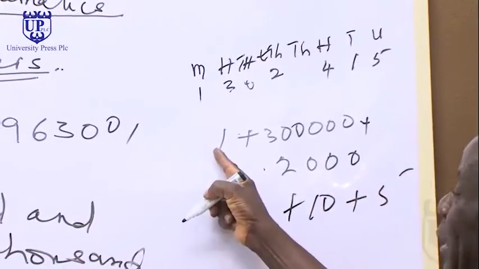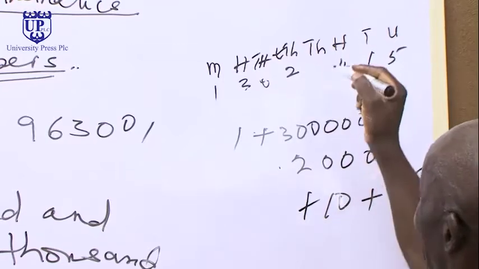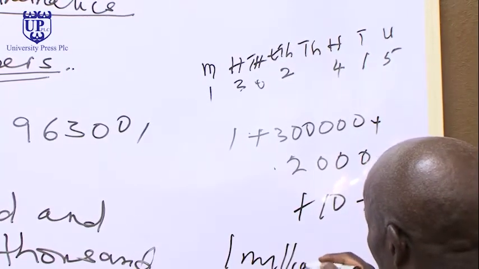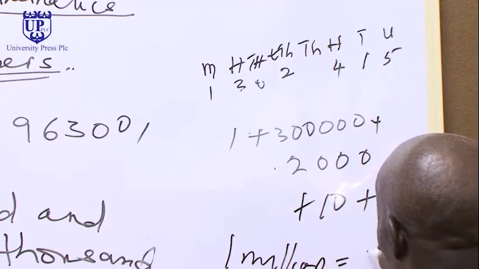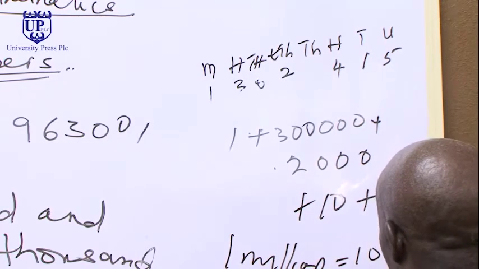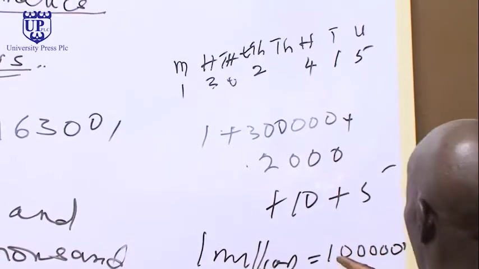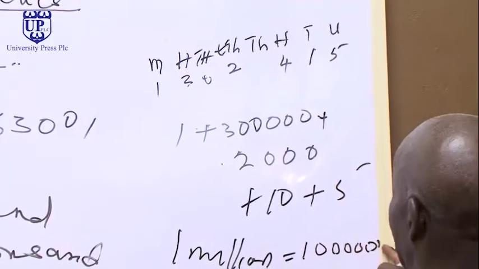You know, for a million, 1,000,000 is 1,000 of 1,000, which is 1 0 0 0 0 0 0. 1 2 3 4 5 6.